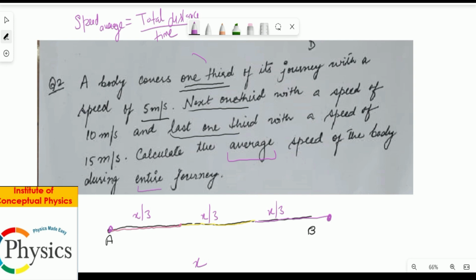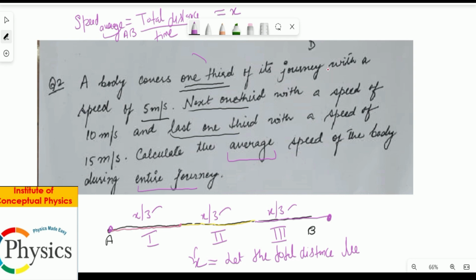And you have to find it for the entire journey, which means the average for A to B. Now you don't know the total distance, so you say, let the total distance be x, since you did not know. Then you used x/3, x/3, x/3 in three parts of the journey, all equal. Whatever is unknown, you call it x.